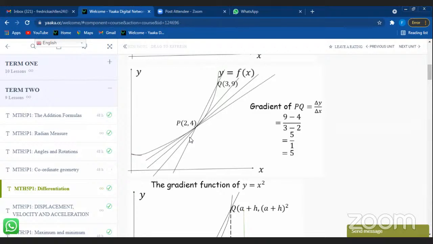Because we have earlier said that the gradient is change in y over change in x. So we are now given point Q, which is (3, 9), and point P, which is (2, 4). So who can give us an explanation of how we get the gradient?